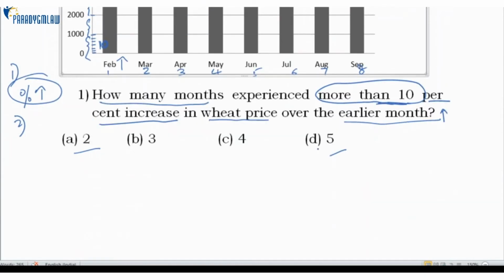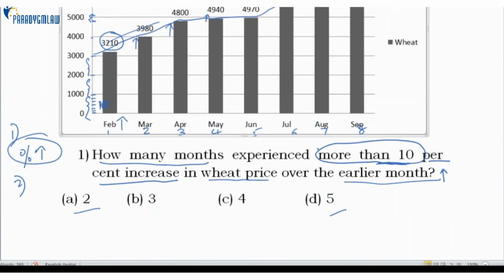Calculate the percent increase. Let's begin with the first 2 months. How do I do this? I must take the number for March. For March, I'm given 3980. The previous month, February, is 3210.